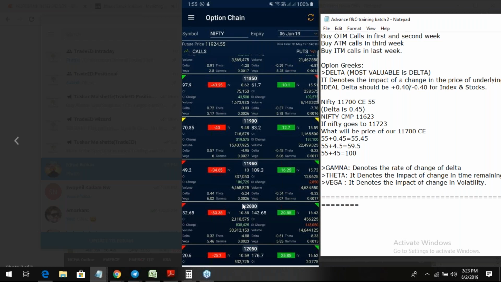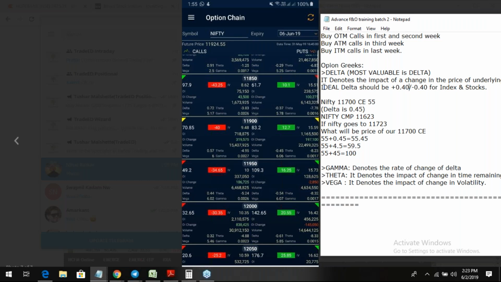You cannot buy the 12,000 call because the delta is 0.32. If Nifty goes 10 rupees up, you will get only 3 or 3.5 rupees. But if you buy the 11,950 call and Nifty goes 10 rupees up, you will get at least 4.5 rupees, at least 1 rupee more than the 12,000. If you buy 11,900, you will get at least 6 rupees, but the premium is a little bit high. Everyone okay? Everyone understood?